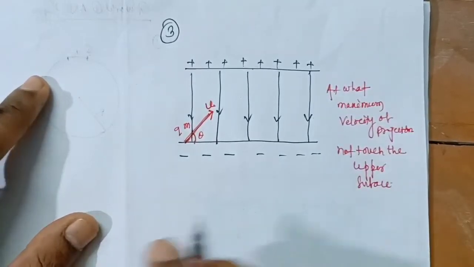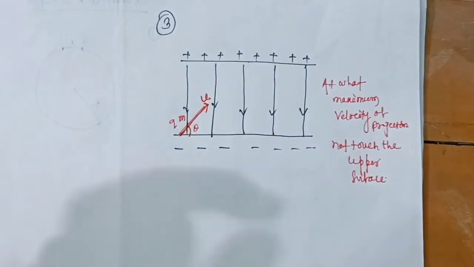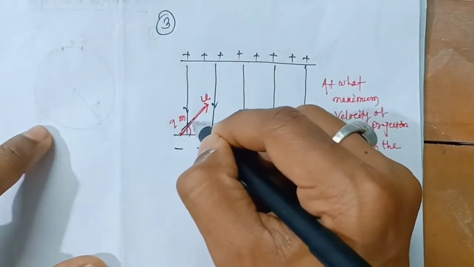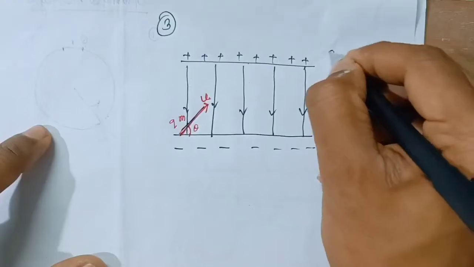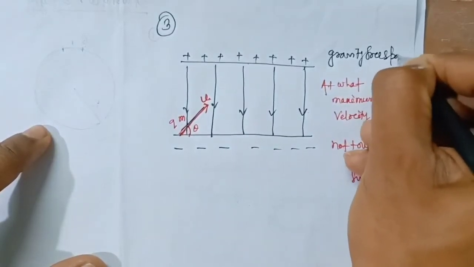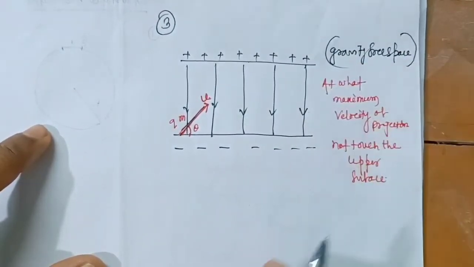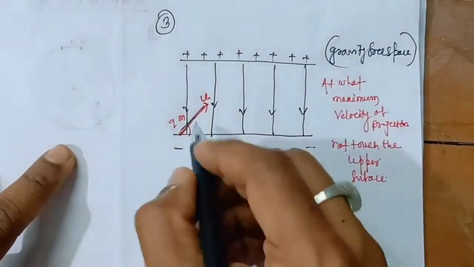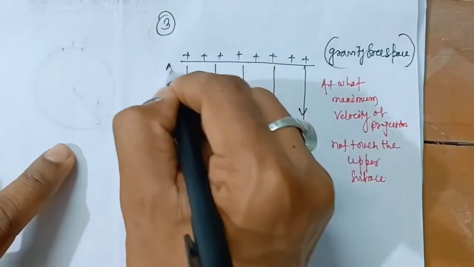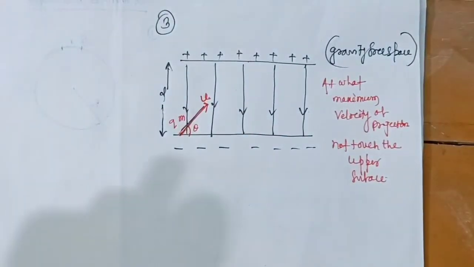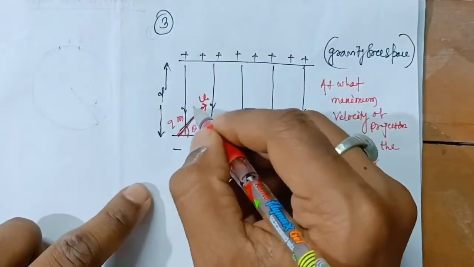This is a very fundamental type of question. The student must think about it. If I project like this, and everything is in gravity-free space, we are ignoring the acceleration due to gravity. The width is d. If this kind of question is framed, what do we have to think about?